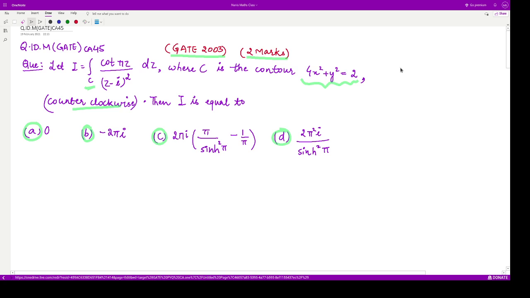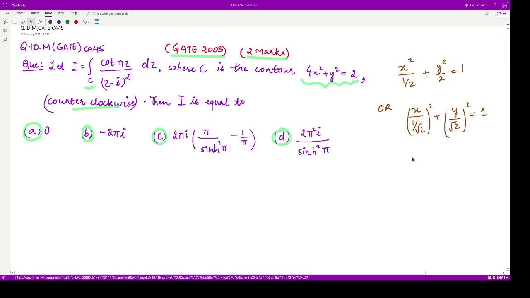So let us first see what is this equation. We can rewrite it like this: x squared divided by 1/2 plus y squared divided by 2 is equal to 1, or x divided by 1 by square root 2 whole squared plus y divided by square root 2 whole squared is equal to 1.